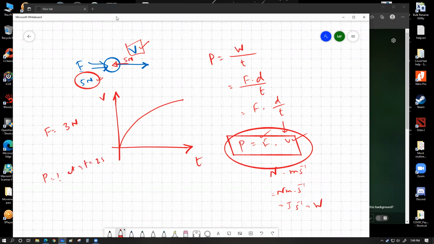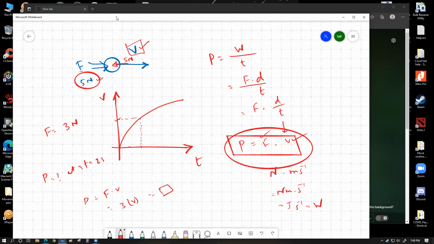So if you have a graph like that, you just find out the velocity from this point, and then you can use that velocity and directly use this equation, P equals FV. So that will be 3 multiplied by that velocity that you get from the graph. That gives you the instantaneous power that is used to achieve that motion at that time instant.